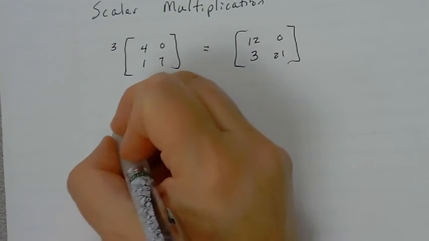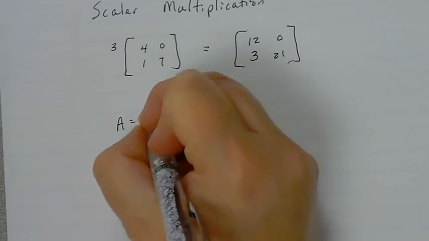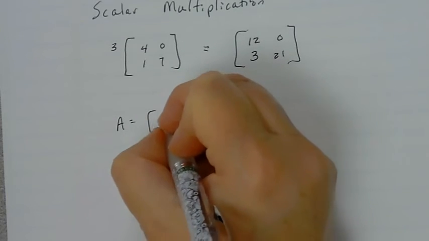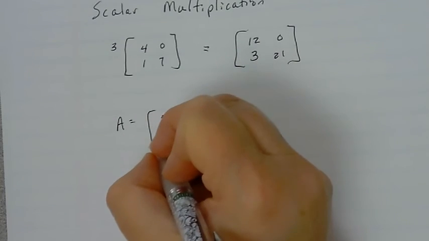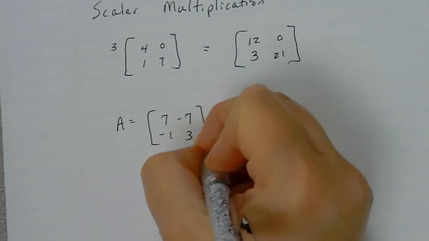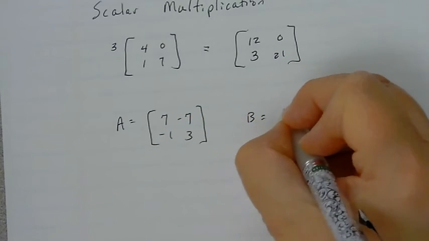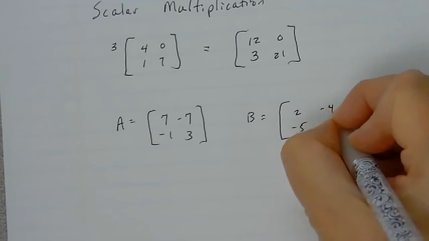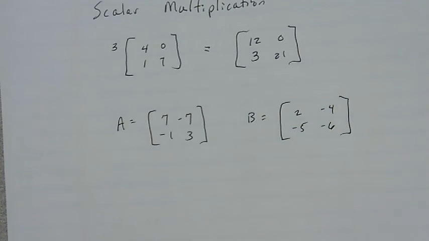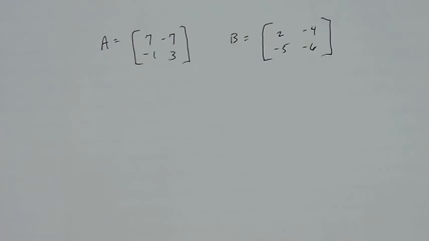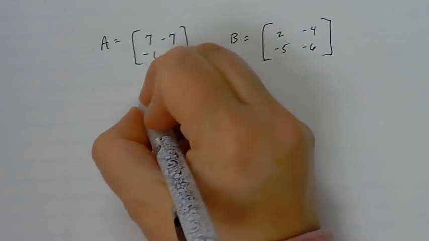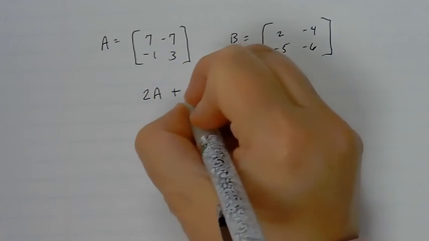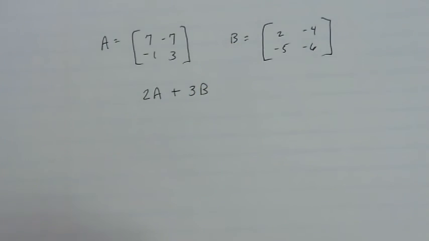So let's do one that's a little more involved. I have matrix A, which is 7, -7, -1, 3. And matrix B, which is 2, -5, -4, -6. And what I want to try to find is 2A plus 3B.